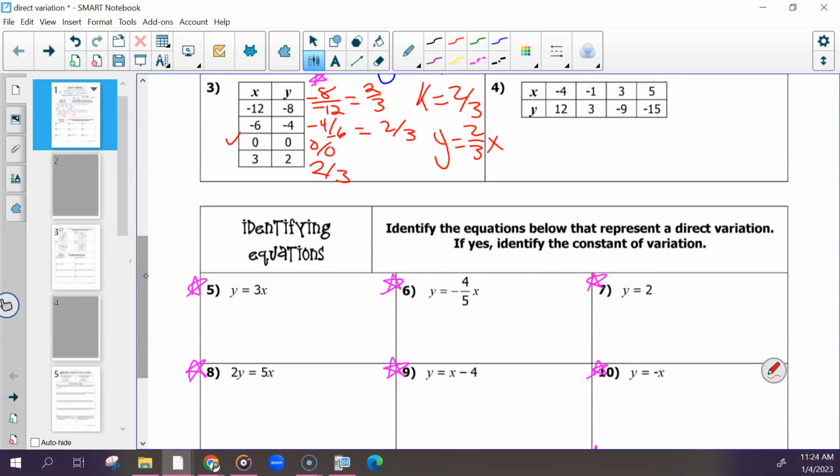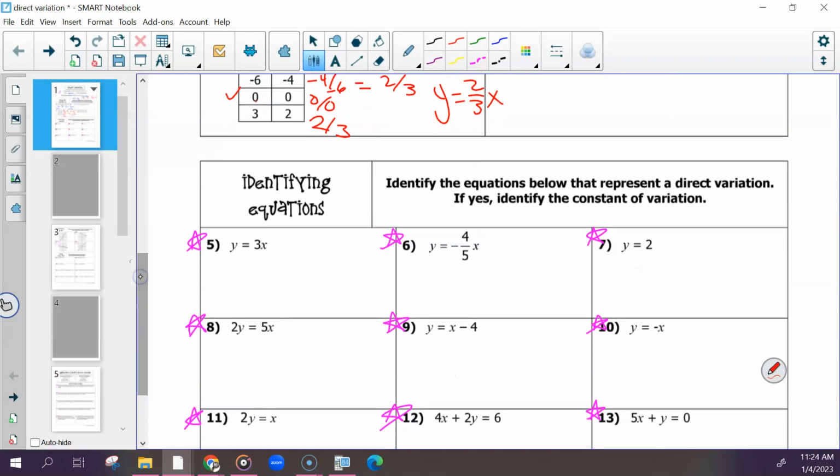So not only do we need to be able to find the k value, but we also need to be able to look at equations and graphs and see, are these direct variation equations or graphs or not? So if you need to rewrite that equation down here, you can. Y equals kx. And we're looking to see that, do these equations match this format?